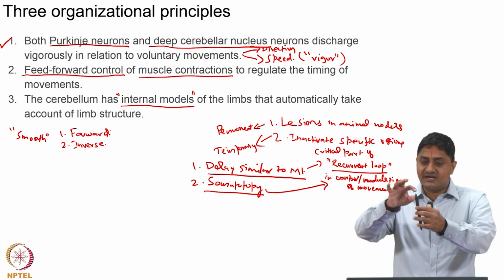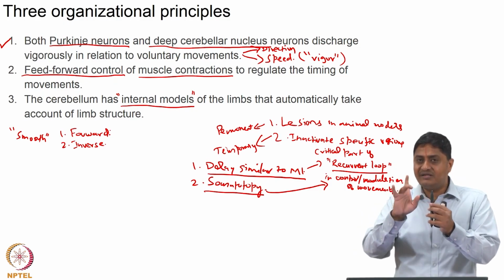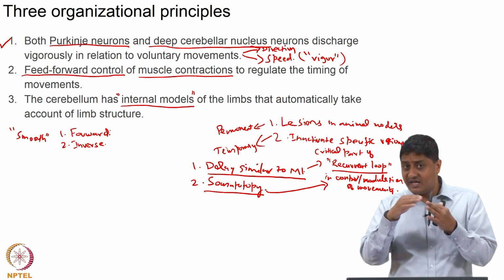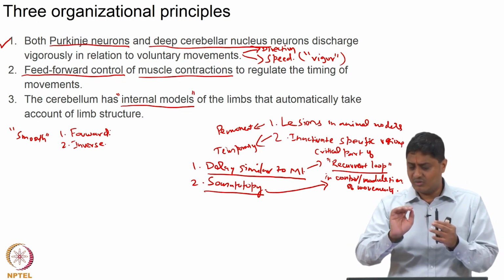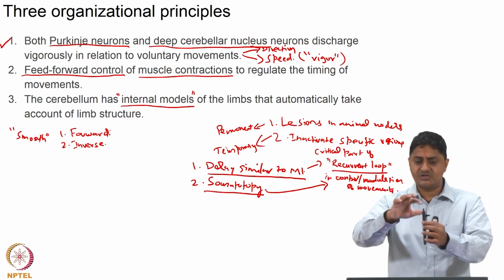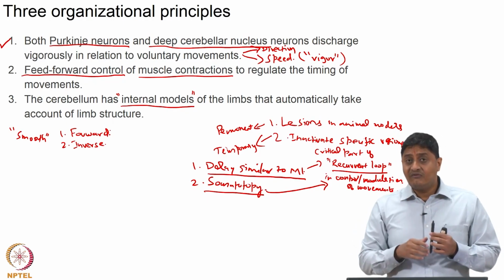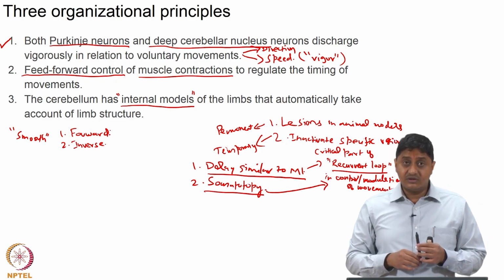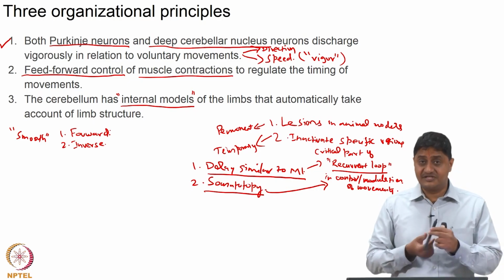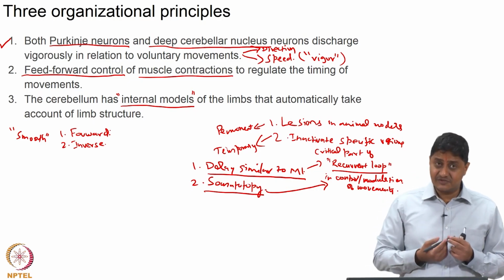Suppose I have to reach that end point, I have multiple effectors, multiple links with varying ranges of movements. I also have movements at the shoulder. So when I have to reach that point, what could be the set of all joint angles that would help me reach that point? That is the inverse problem.